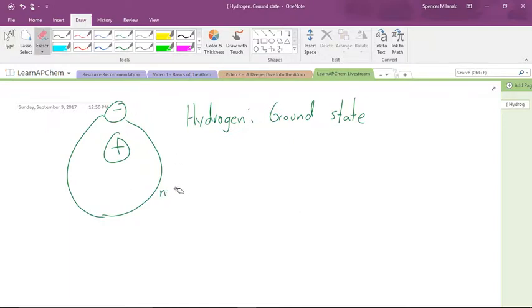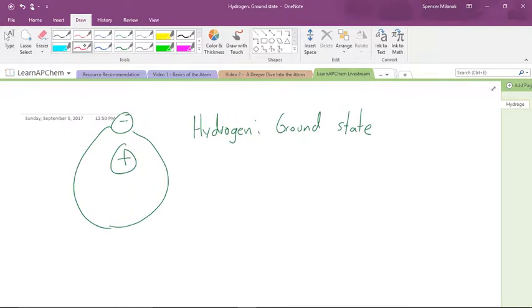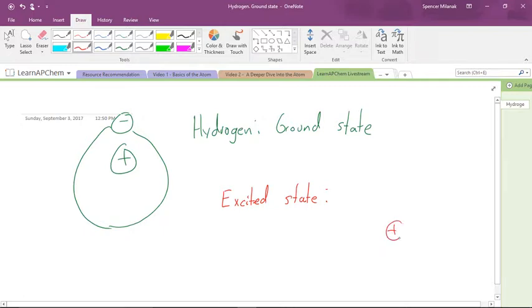If I drew hydrogen instead in the excited state, I'll draw this in red. That was a terrible circle, I apologize. Okay, here.